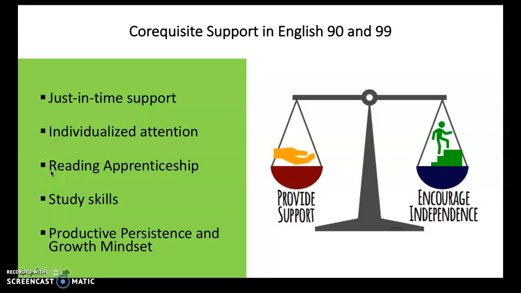As I said a moment ago, reading apprenticeship should really be encouraged in both English 101 and 99, taught and encouraged, but English 99 will have an extra emphasis and time spent on reading apprenticeship strategies and approaches. You'll want to really help students develop their study skills and their organizational skills, and you'll want to help them develop the behaviors and attitudes of productive persistence and growth mindset.